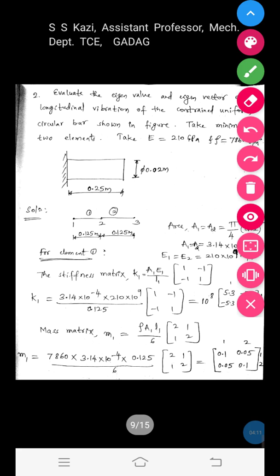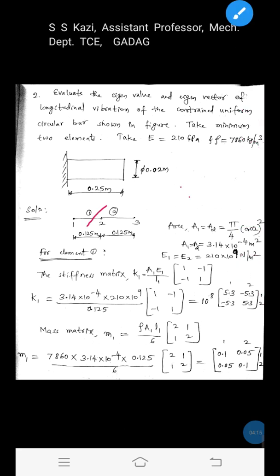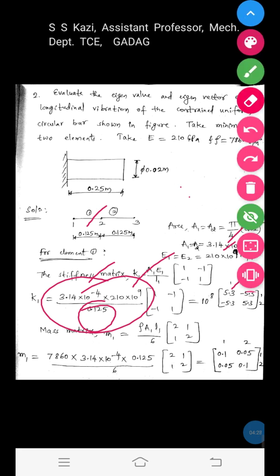Length of the element 1 is 0.125 meter, area is 3.14 into 10 raised to minus 4, and Young's modulus 210 into 10 raised to 9. If you calculate this ratio, we will get 5.3 into 10 raised to 8.